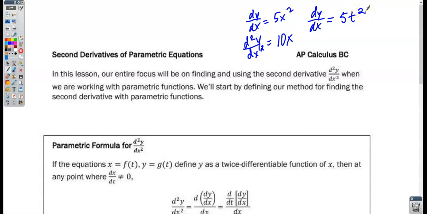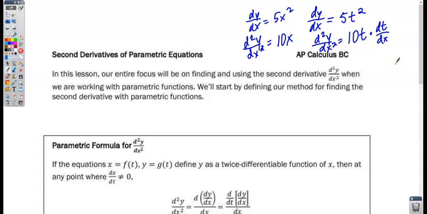we've got a curve that looks like this. And so if I took the derivative of this with respect to x, I would get d squared y dx squared is equal to 10t, and then applying the chain rule, dt dx.